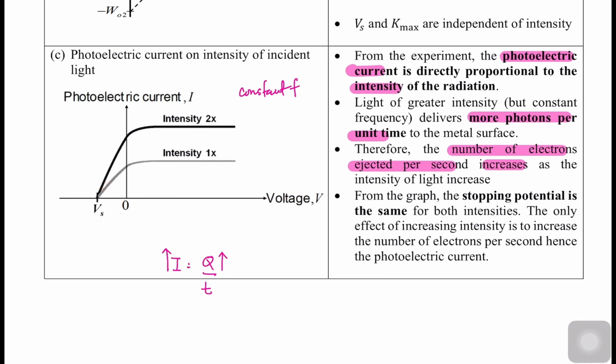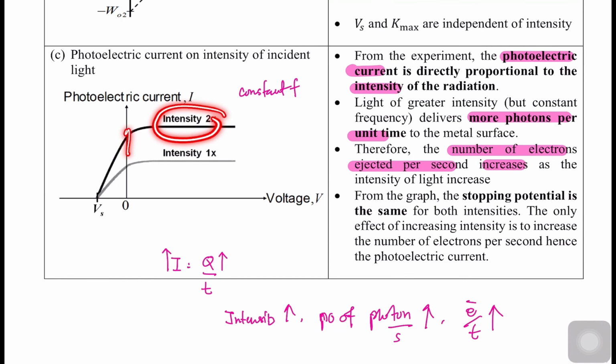So bila kita naikkan intensity, more photons, number of photons per unit time increases. So electrons per unit time pun akan increase. Lagi banyak elektron yang akan keluar. Bila lagi banyak elektron yang akan bergerak pada suatu masa, current will increase. Sebab tu dekat sini bila intensity naik, current awak pun akan naik.